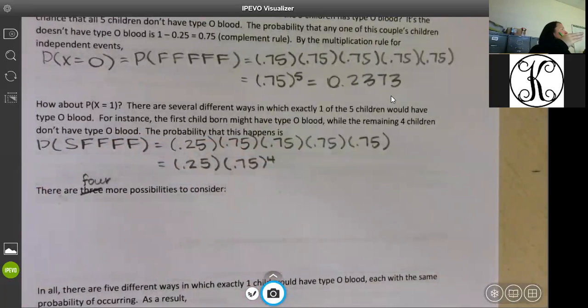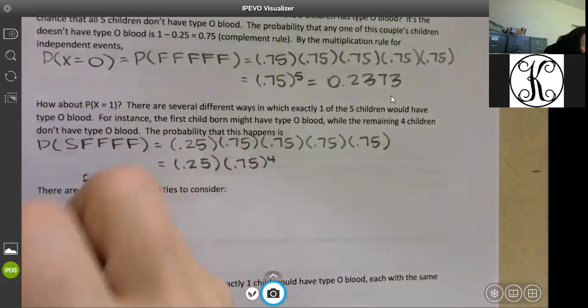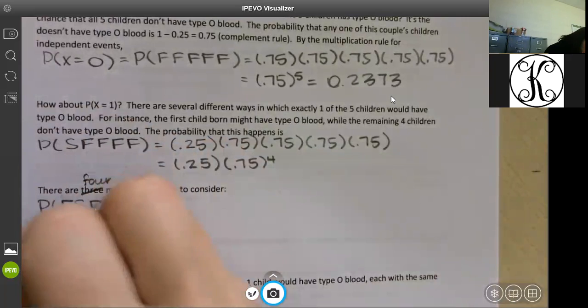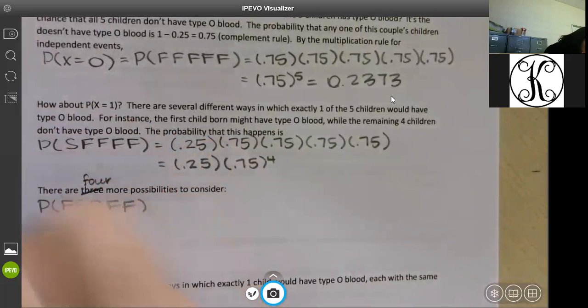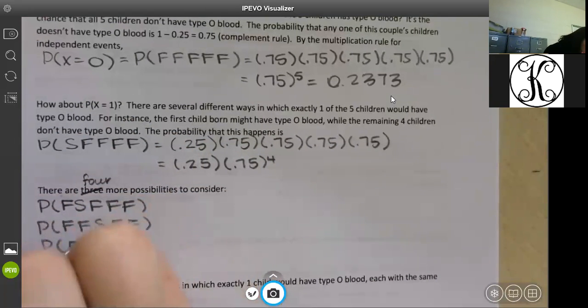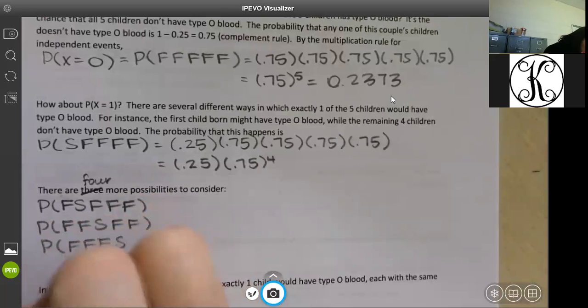So the first one would be a failure. The second will be a success. The rest are failures. The third kid will be a success. The rest are failures. The fourth will be a success, and the fifth. So it looks like this. Fail, success, fail, fail, fail. Fail, fail, success, fail, fail. Fail, fail, fail, success, fail.